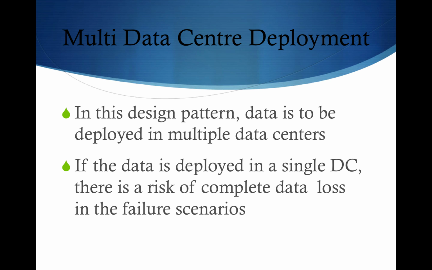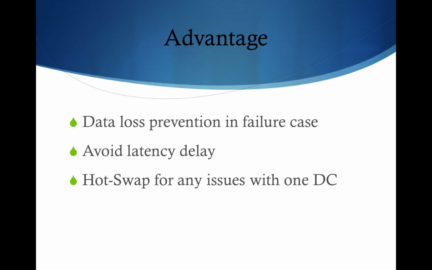So let's look first at multi-data center deployment design patterns. In this design pattern, we deploy the application in multiple data centers. Why do we deploy it in multiple data centers? In case of failures in one of the data centers, you can retrieve your data from other data centers.